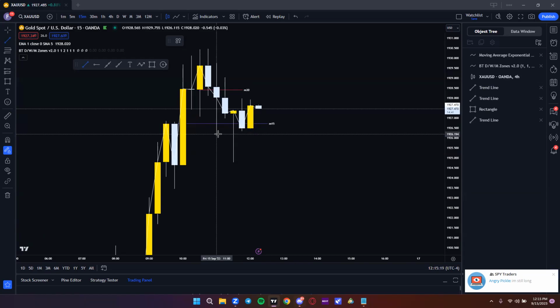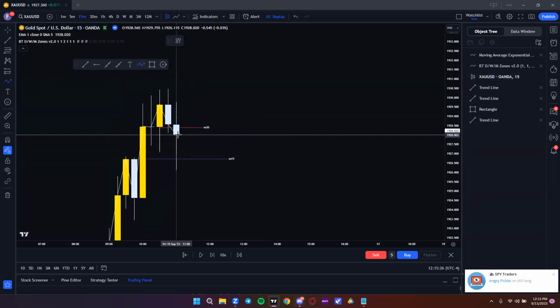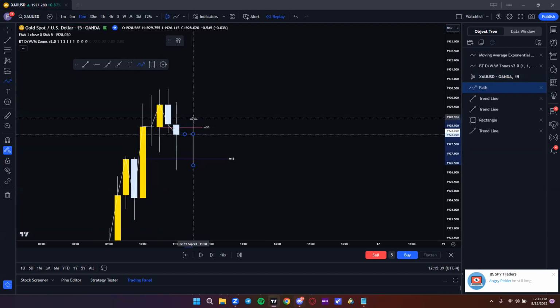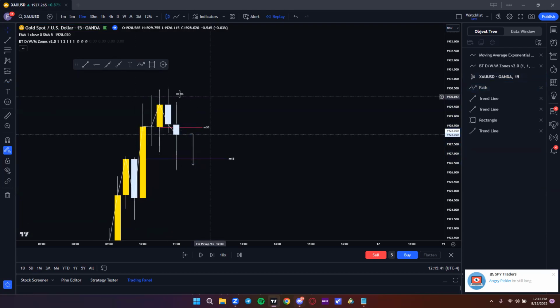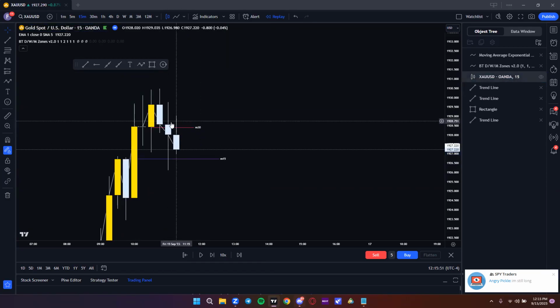After this first rejection, if you're bullish, price did not continue down and then break the level that took price to this level. It didn't do that. So let's see that happening. It did not do that. It just actually tested, it confirmed the level above.